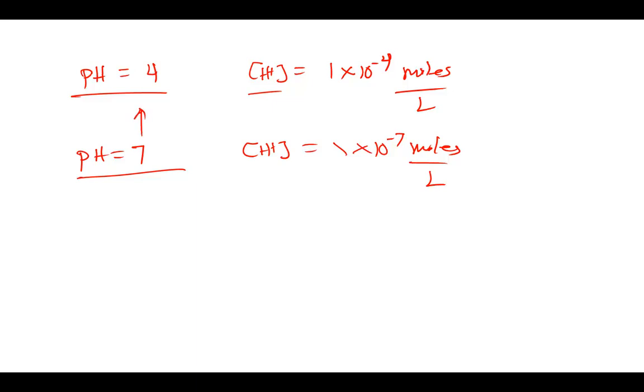But what most people don't realize is that that change in 3 pH units is a change from 10 to the negative 7th power to 10 to the negative 4th power, and that is a difference of 10 to the 3rd power. 10 to the 3rd, translated into an expanded number, is 1,000. So your coffee is 1,000 times more acidic in the hydrogen ion concentration than water is.